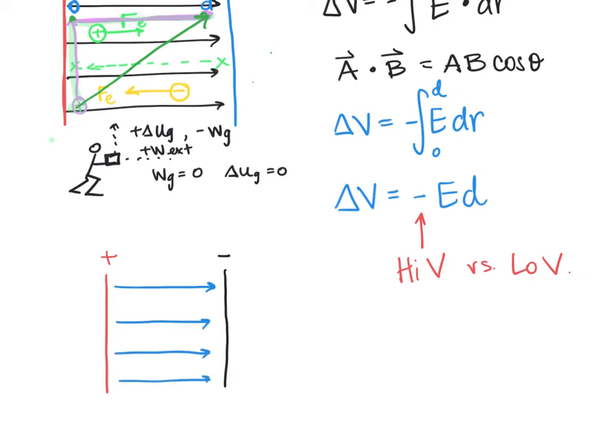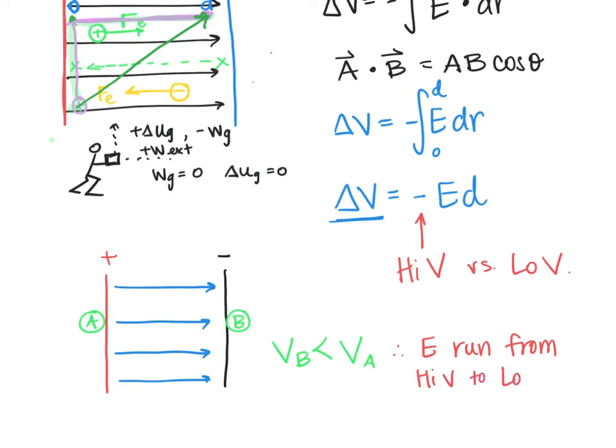So if our electric potential difference from A to B is negative, as we go from this side A to this over here B, then our electric potential at B will be lower than our electric potential at A. And this basically teaches us that electric field lines run from high electric potential to low electric potential.